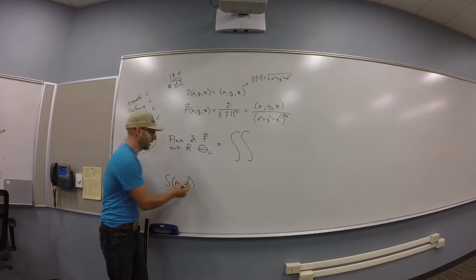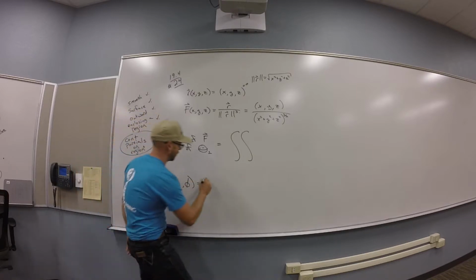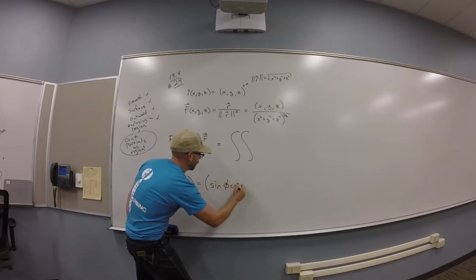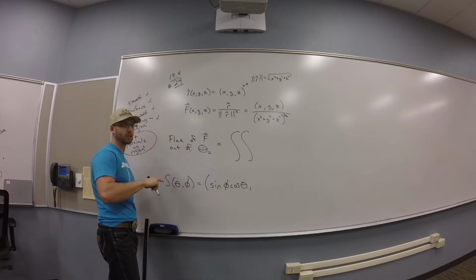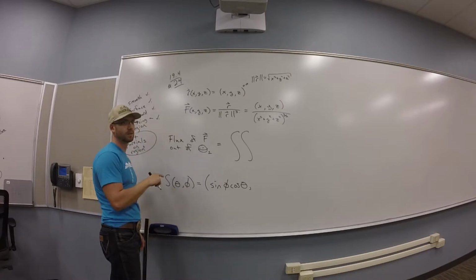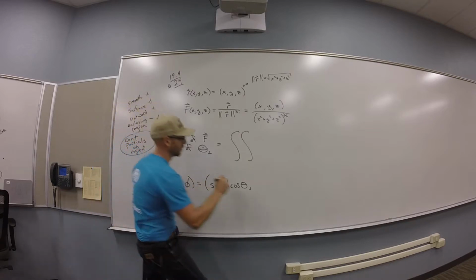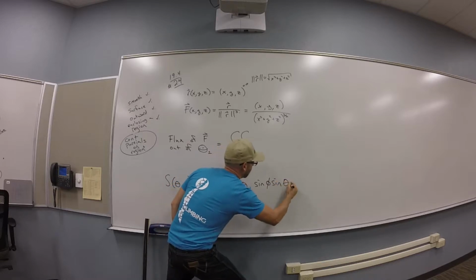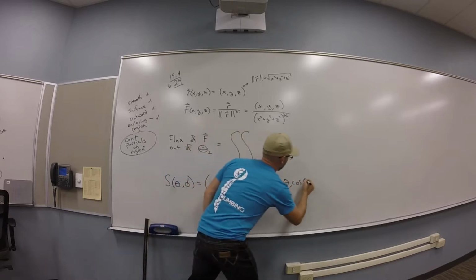For the unit sphere, we've got sine phi cosine theta. Where'd your rho go? It's one. Yeah, thank you. You guys all see that, right? I'm parameterizing the unit sphere, so rho is 1. So I got sine phi cos theta, sine phi sine theta, and cosine phi.